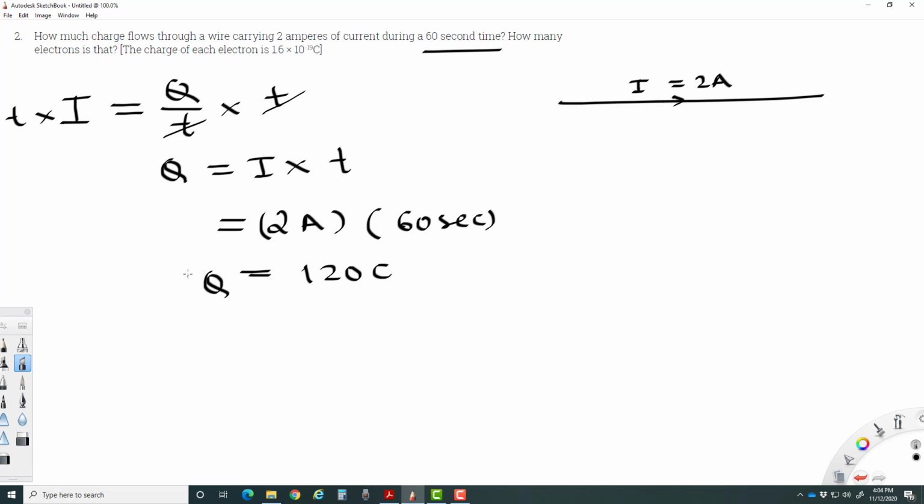Okay, the unit for charge is coulombs. So that's the amount of charge flowing through this wire in 60-second time.